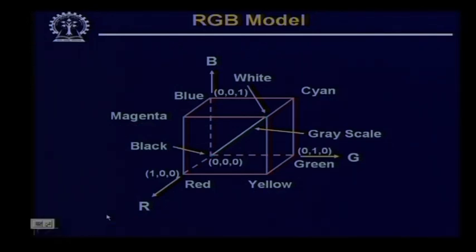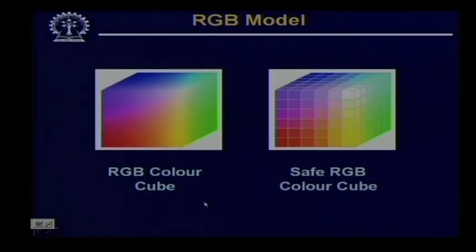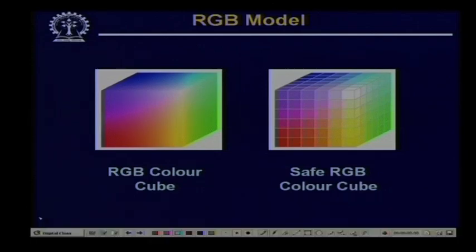So, given any point in the RGB color plane, if I look at the different color shades on different faces of this color cube, you find that the shades will appear like this.